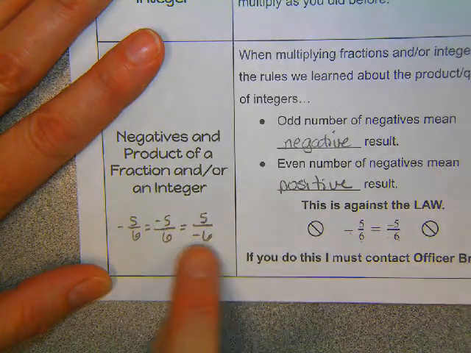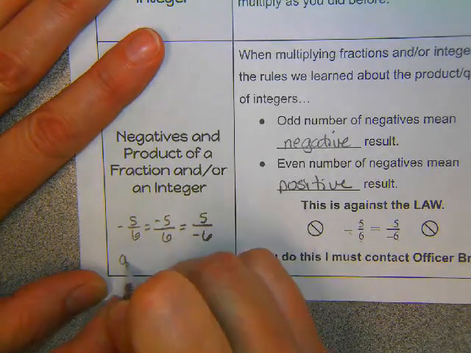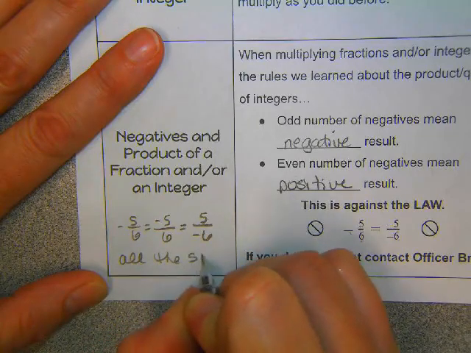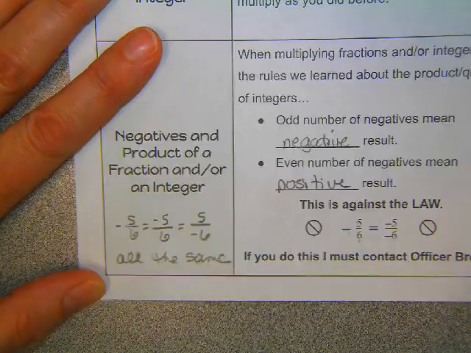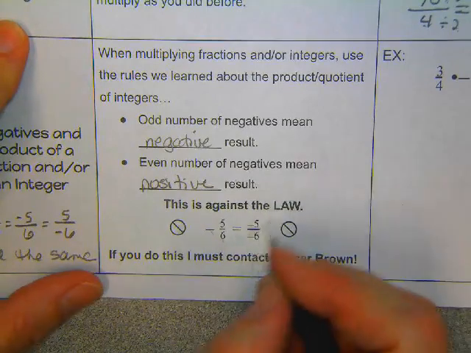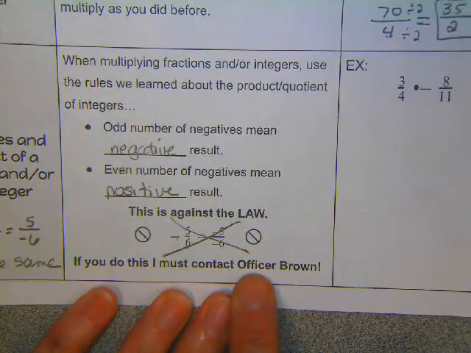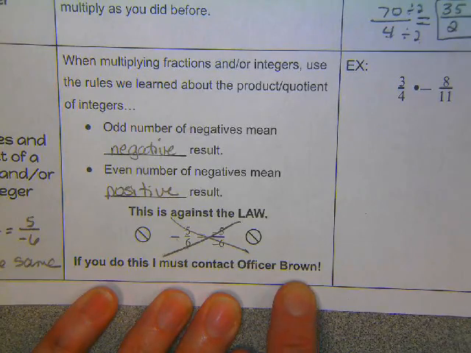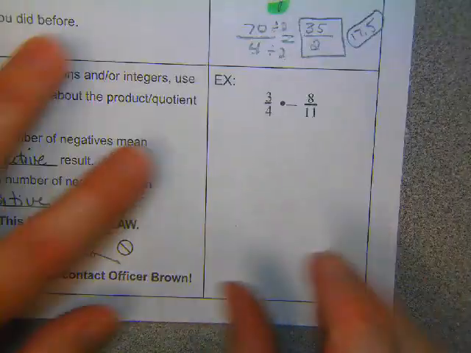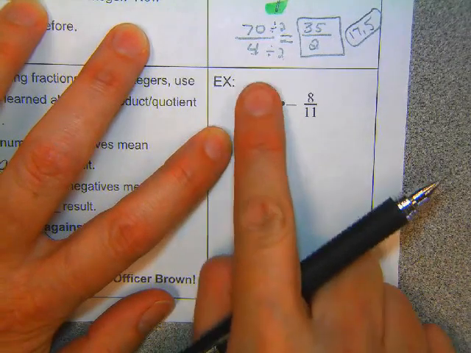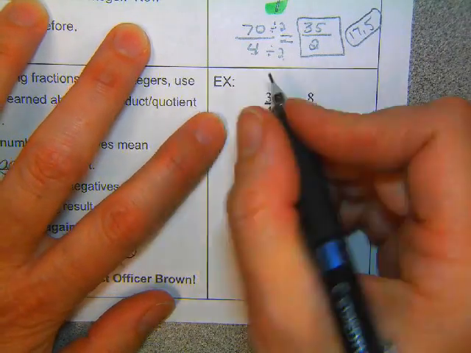These are all the same. This right here, that's bad. I'll get Officer Brown on you if you do that. That's bad news.